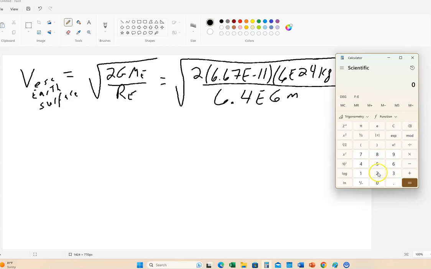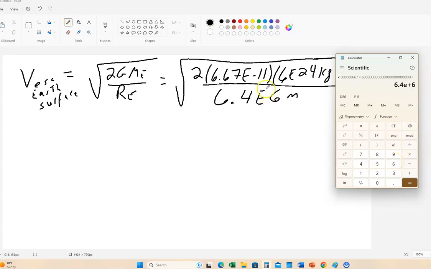I'm going to do everything underneath the radical first. 2 times 6.67 times 10 to the minus 11th, so that's 2 times that, and then times the mass of the Earth, which is 6 times 10 to the 24th kilograms, divided by the radius of the Earth, which is 6.4 times 10 to the 6th.